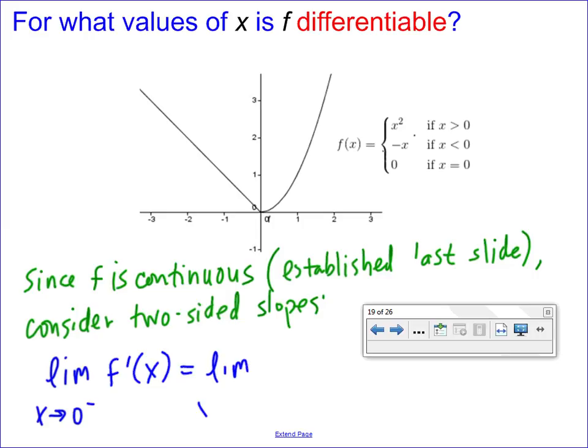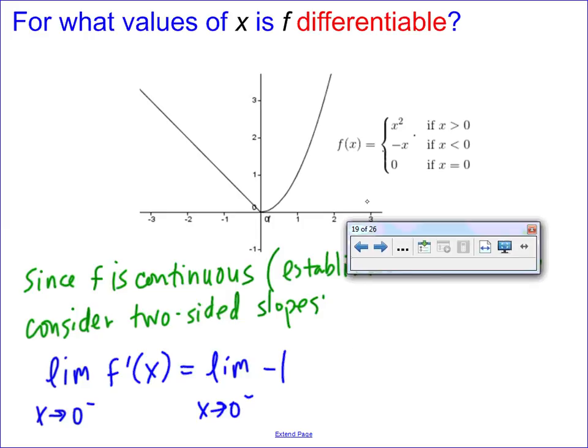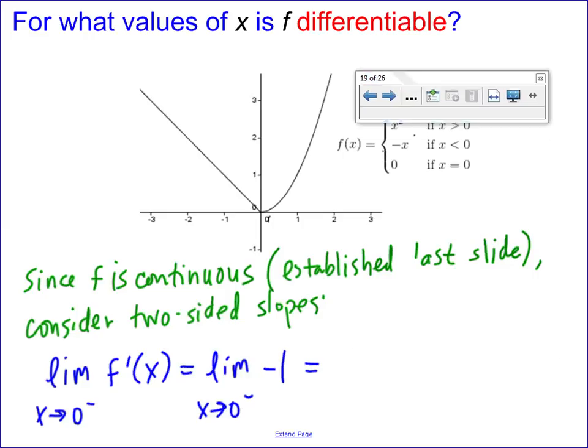So we're talking about the limit as x approaches 0 from the left of -1, which is a constant. The limit of a constant is the constant. So I get -1 for the left-hand slope. If you picture a tangent line for x values closer and closer to x equals 0 from the left-hand side, by golly, it sure looks like the line tangent to that curve would have a slope of -1.